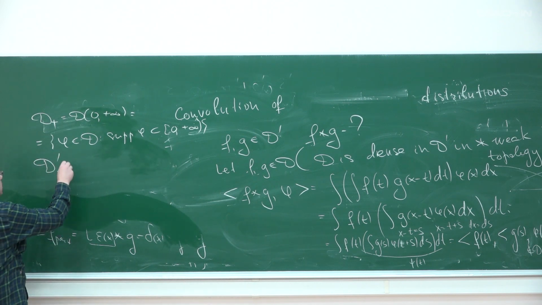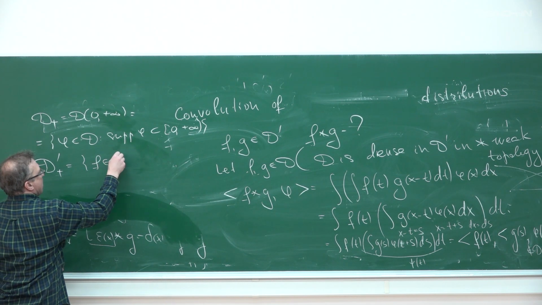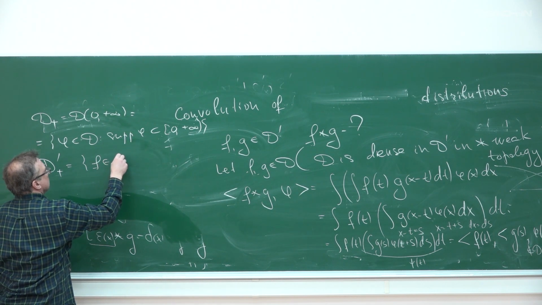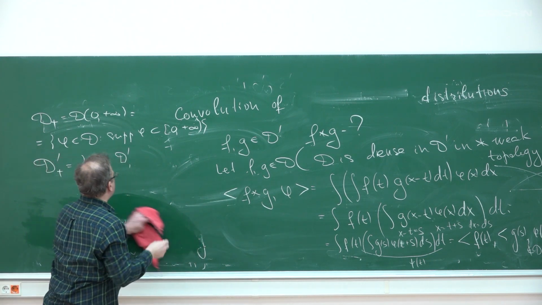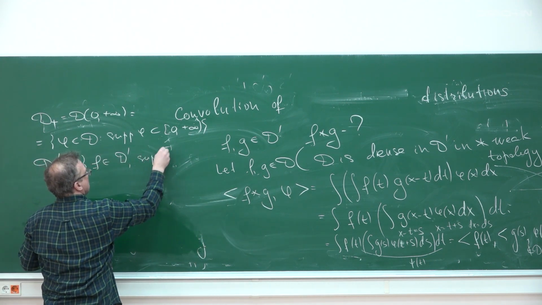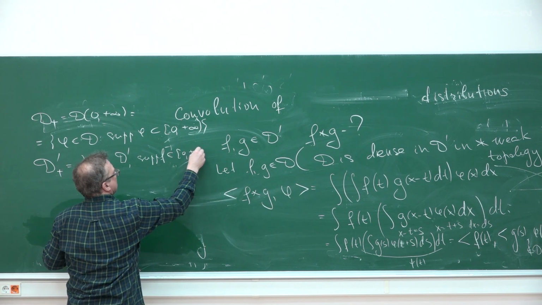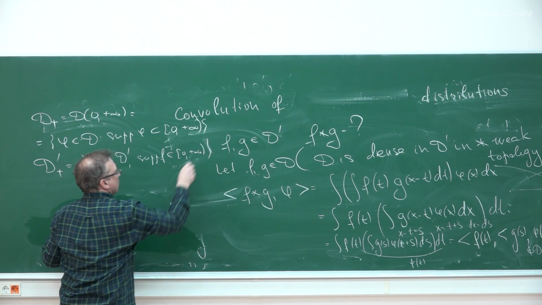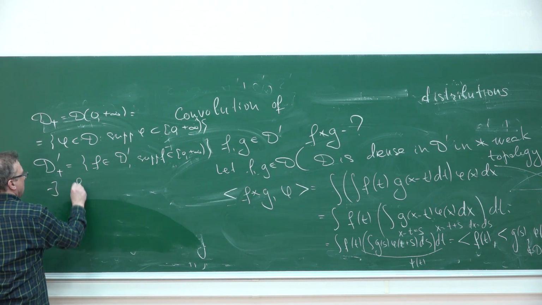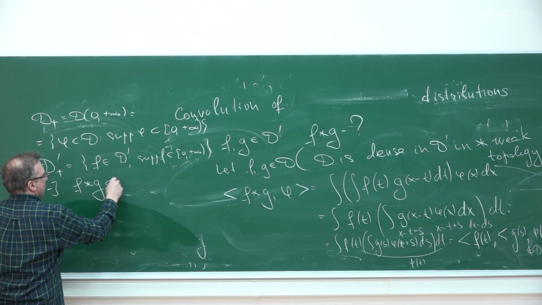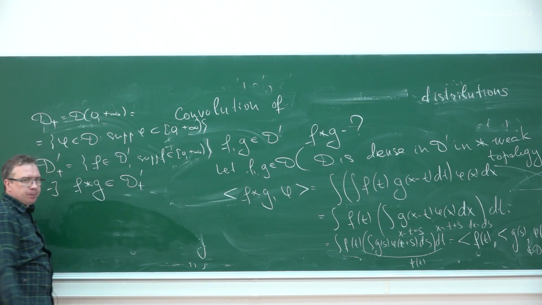D prime plus is the functionals from D prime with support lying here. Then the convolution F star G exists, and it lies in D plus.